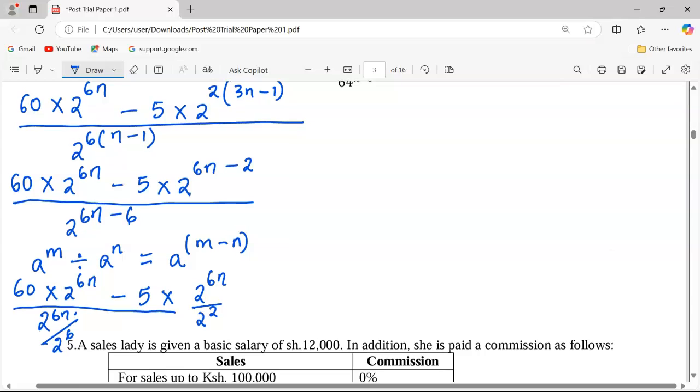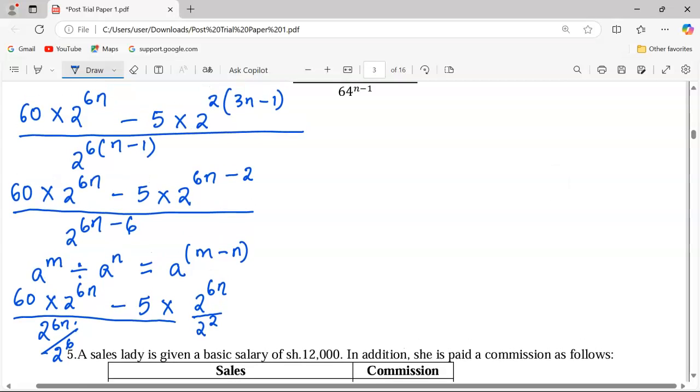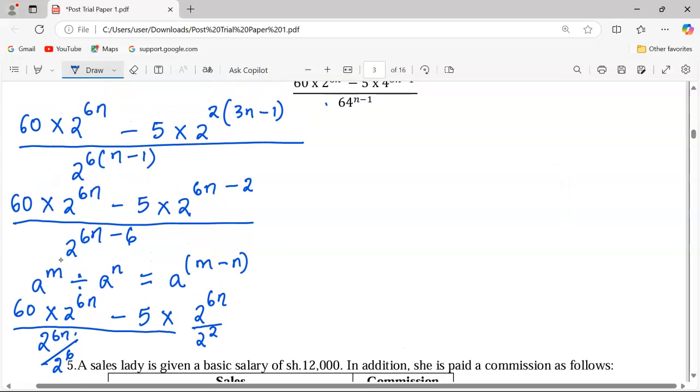At that point now, you can notice that 2 power 6n is appearing both in the numerator and also in the denominator, and we can factor it out.